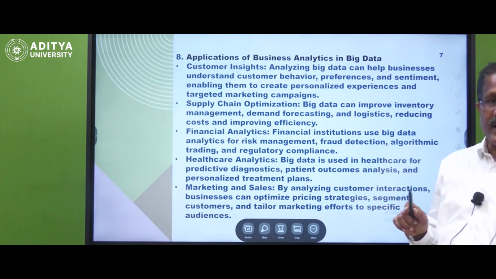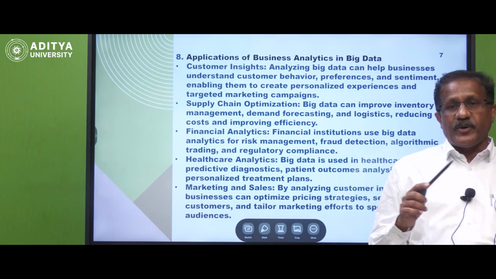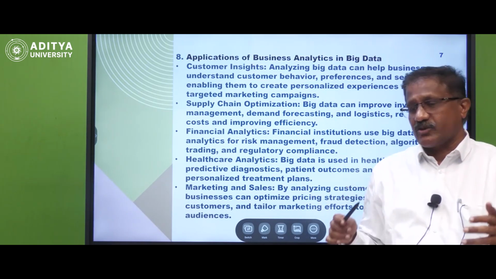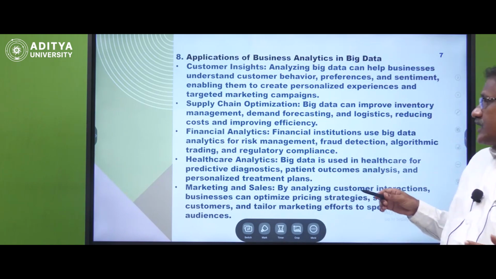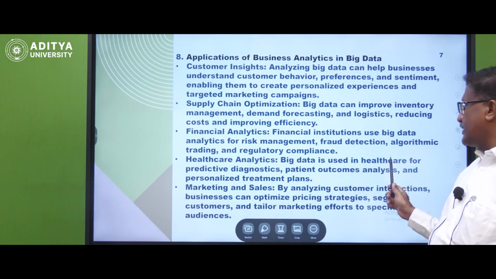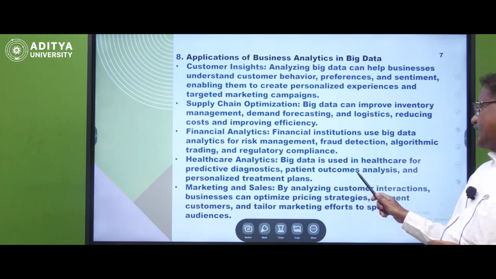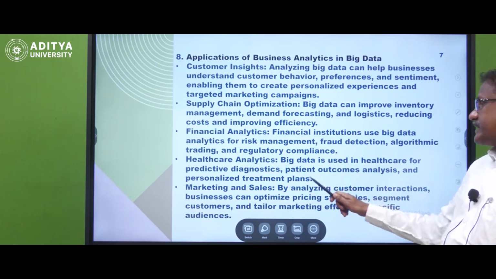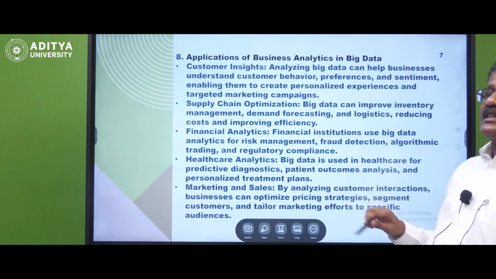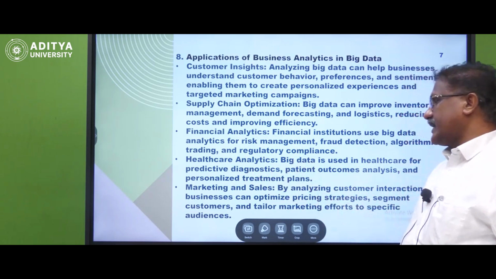For example, computer navigation surgeries help us find out the patient's actual problem through the systems. Now we can use healthcare analytics with big data for predictive diagnostics, patient outcome analysis, and personalized treatment plans. All these can achieve very good success in the present environment. That is called healthcare analytics.